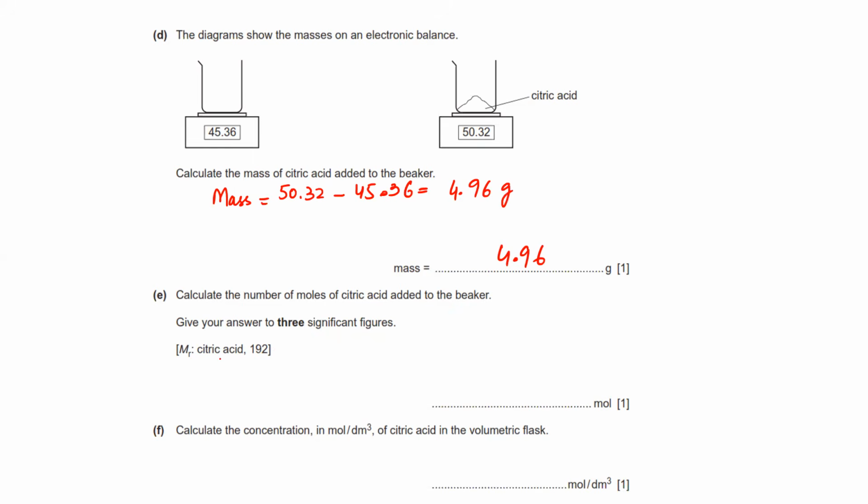Then in part E, it says calculate the number of moles of citric acid in the beaker. MR is given, so number of moles is equal to mass in grams over MR. So mass in grams is 4.96, divided by 192.